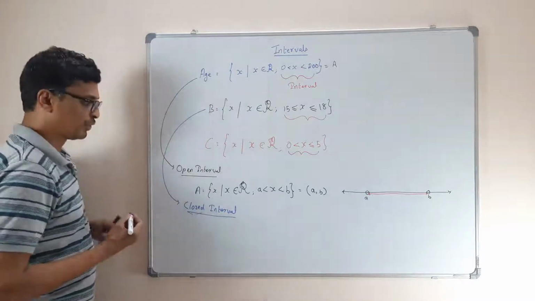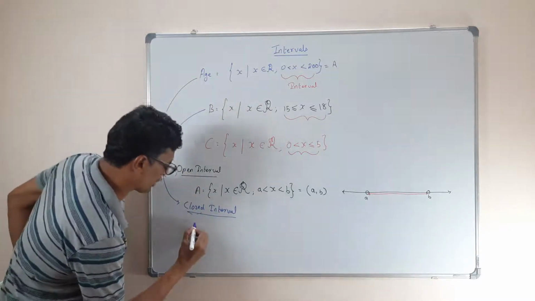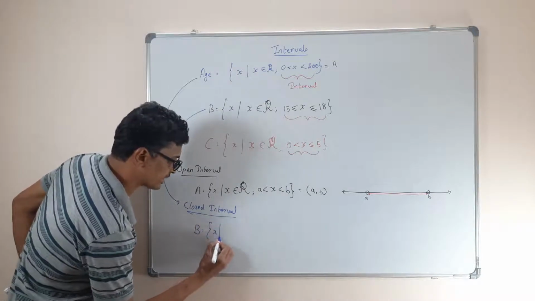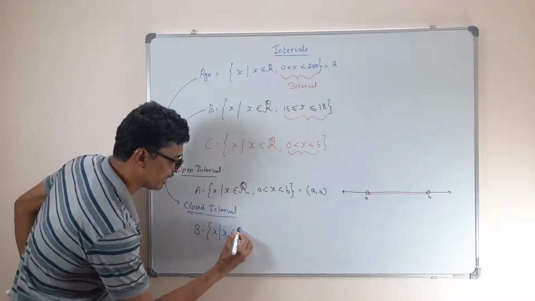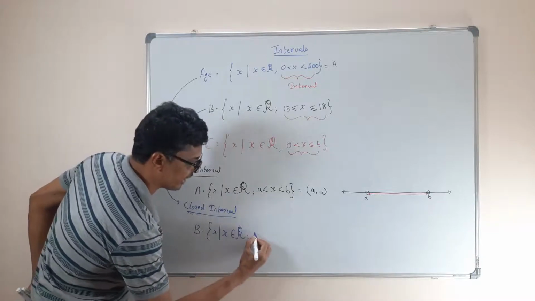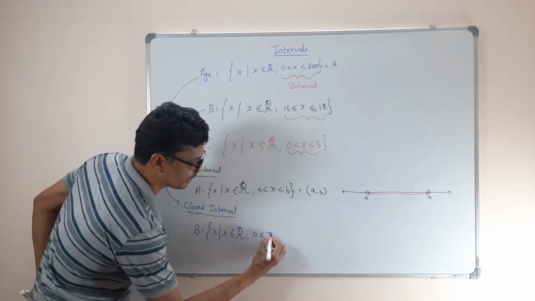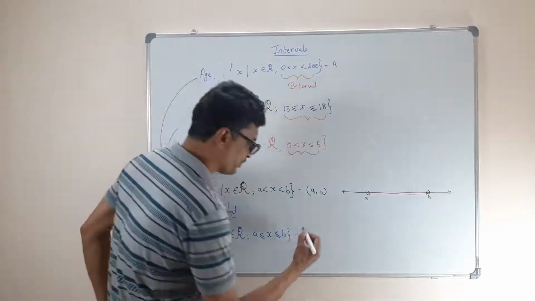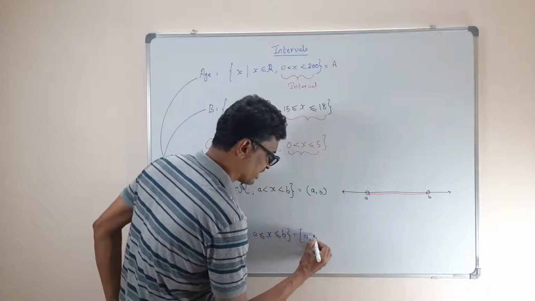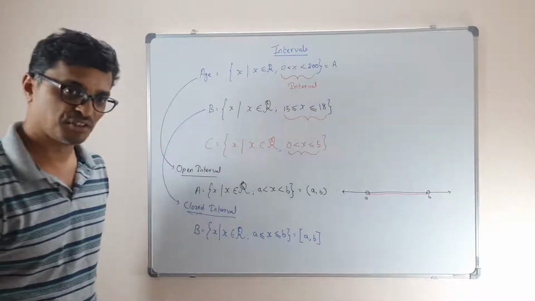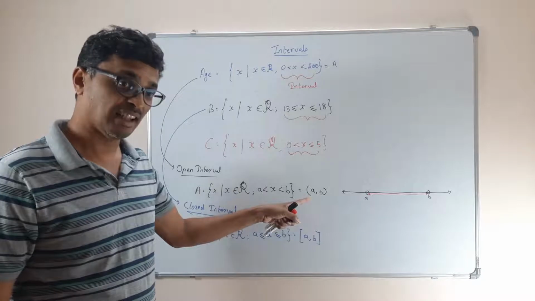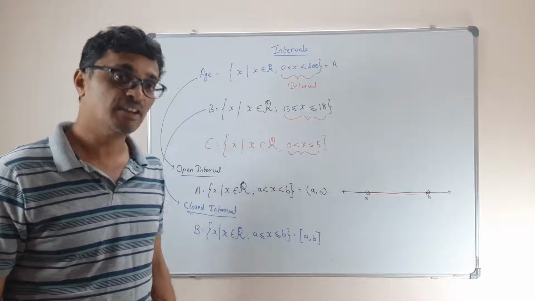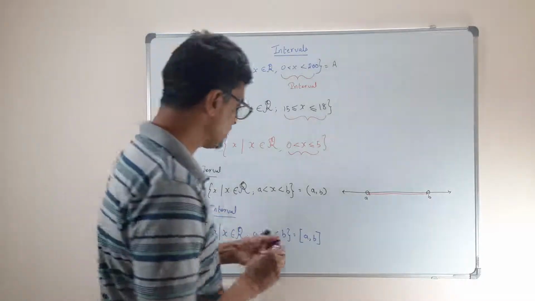So you write closed interval, say something like [A, B], which is equal to X, such that X is an element of R and A is less than or equal to X is less than or equal to B. How do we represent it in symbolic form? Square bracket. You got it? So you see the difference. When you have parentheses, that is an open interval. The moment you use a square bracket, then you call that a closed interval. In the number line, how do we represent?